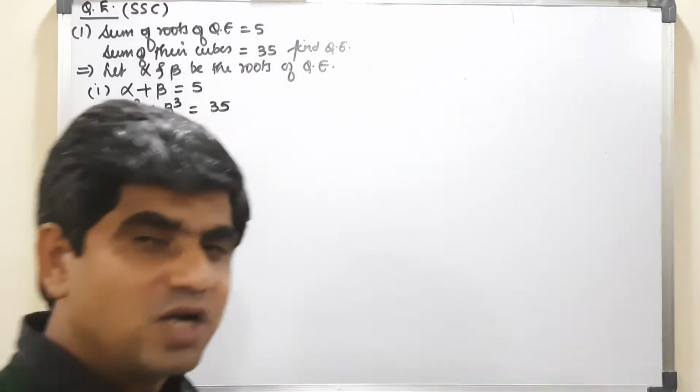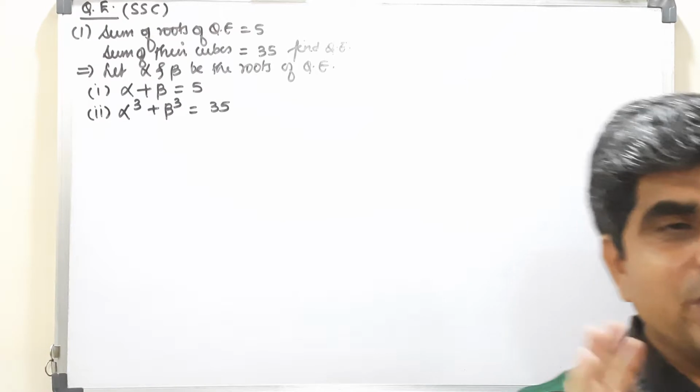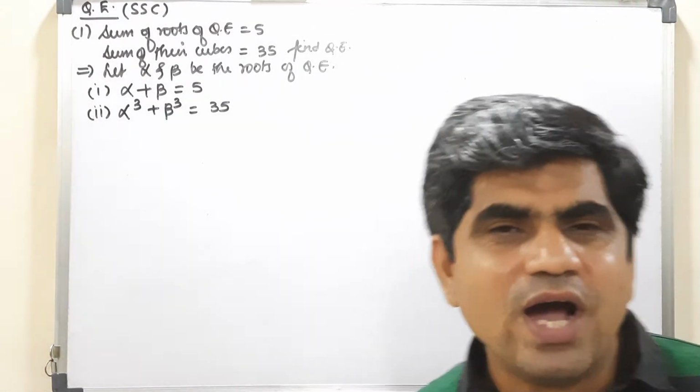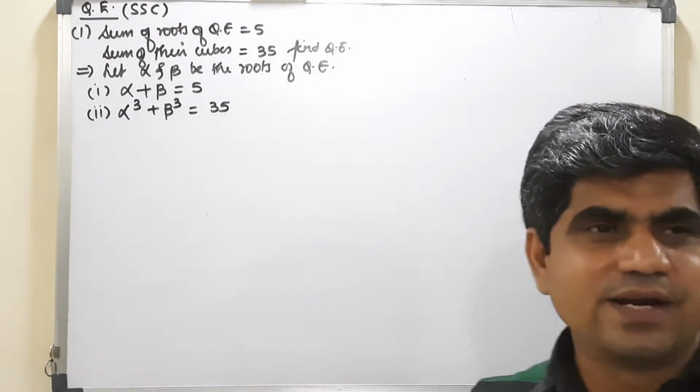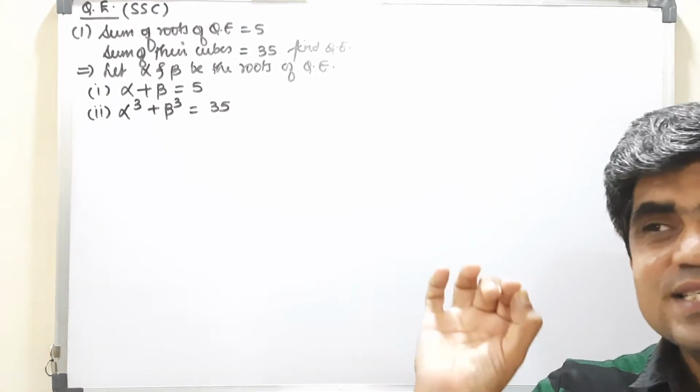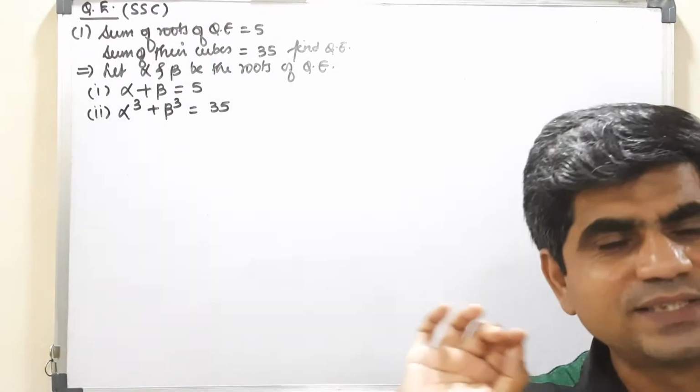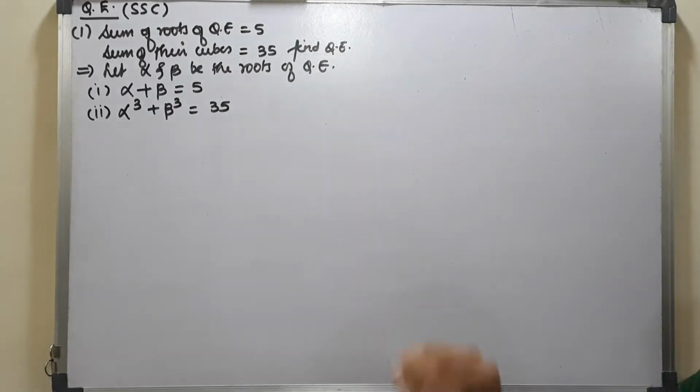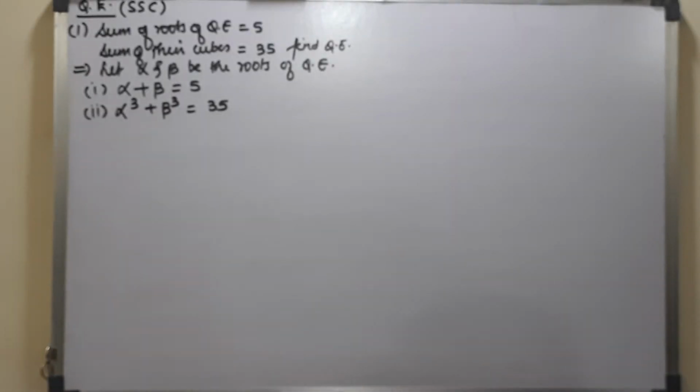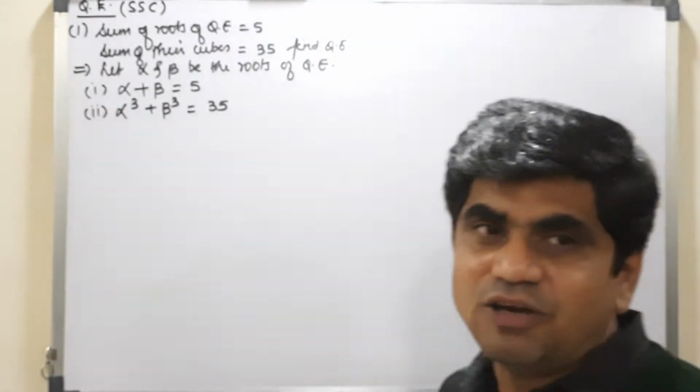Now if I want to make a quadratic equation, I require x square minus sum of roots into x plus product of roots. I have the sum of roots, my job is half completed. I just need the product of roots.